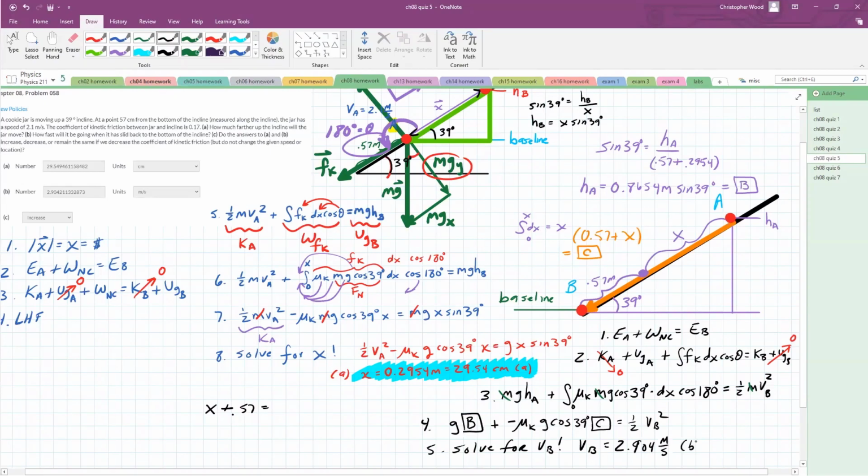That's the answer to part B. This is the answer to part B. This was the answer to part A.